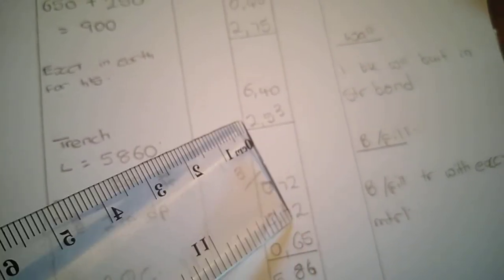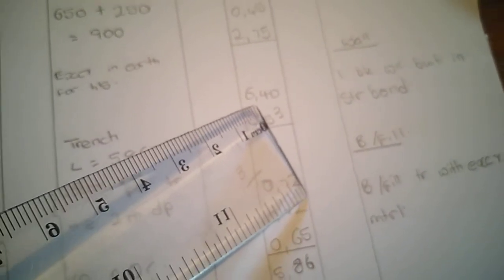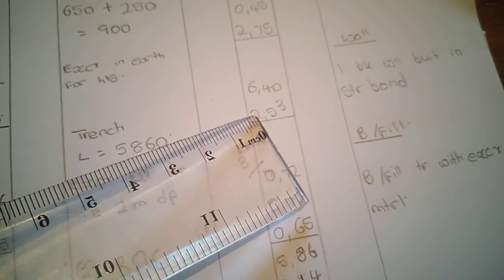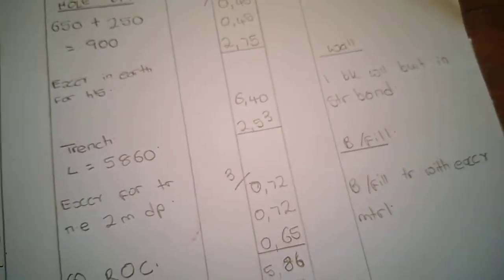So now you cut away for the wall, the total length, we said it's 6.40, and then multiplied by, now we are going to use the height that is underneath the ground, 0.65. So on the cutaway, it's no longer going to be 2.53 on the wall, it's going to be 0.65, because when you cut away, you're considering everything that is under the ground.